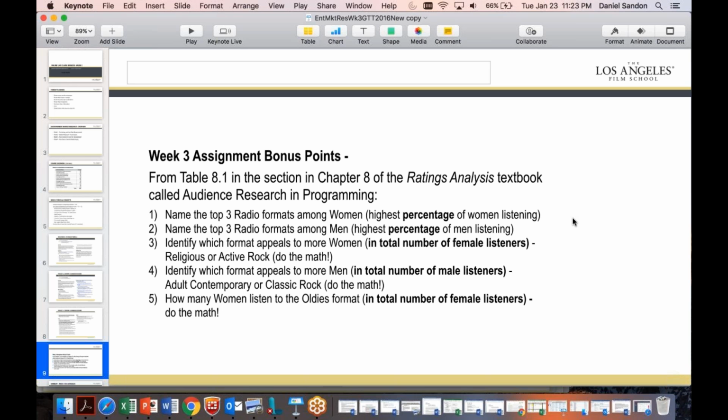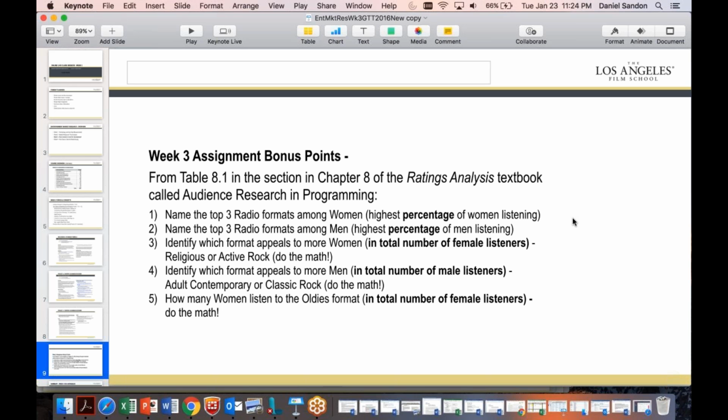Number 3, identify which format appeals to more women, either religious or active rock. Okay, now you're going to have to do some math to do this. So you'll find the total audience for religious format, and you'll find the percentage of that audience that's female. Okay, if you take that percentage and multiply by the total audience, you'll get the number of women that listen to religious radio.